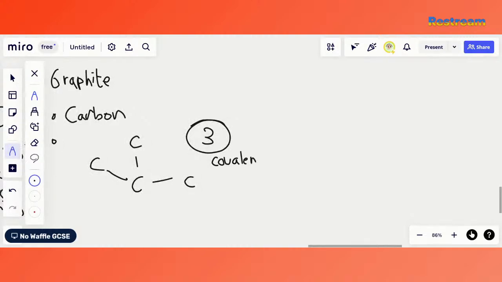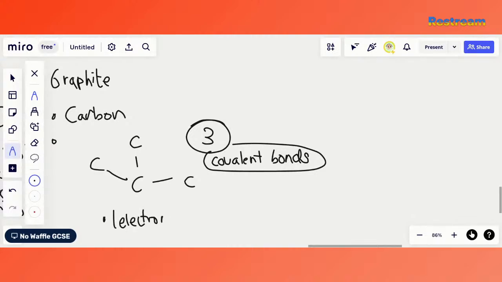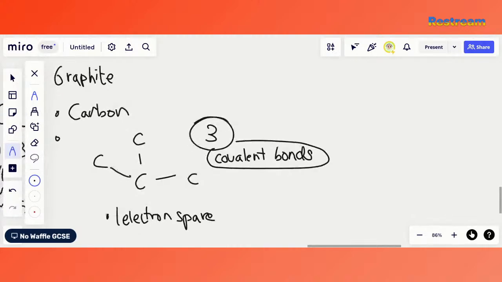Now, as we said, diamond is perfect because 4 covalent bonds are needed for carbon to react perfectly. However, we only have 3 here. This then means that we have 1 electron spare, and that's not being shared.